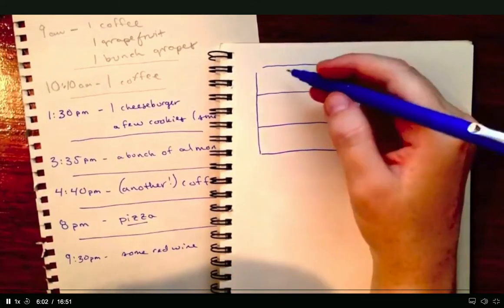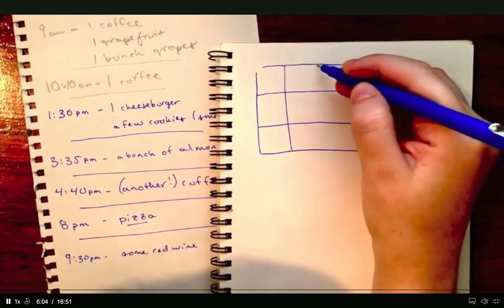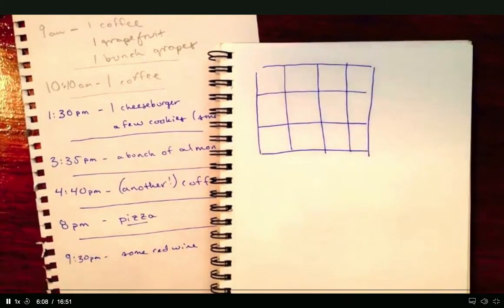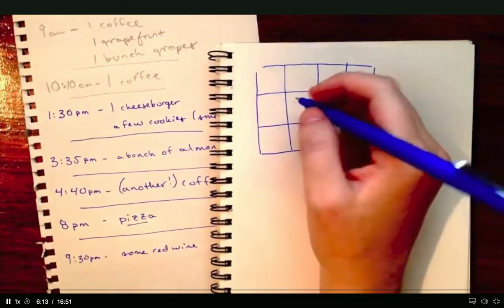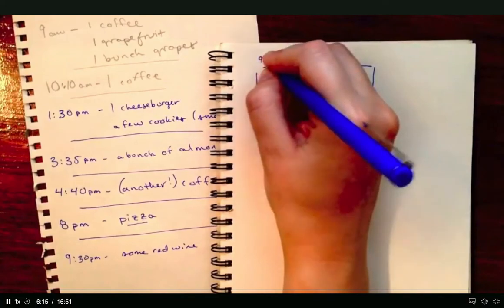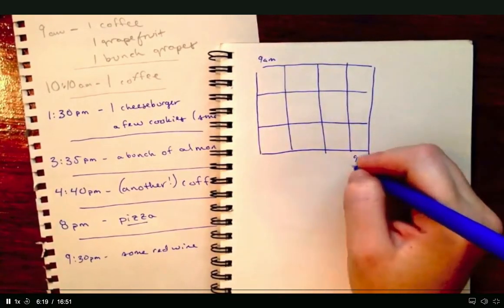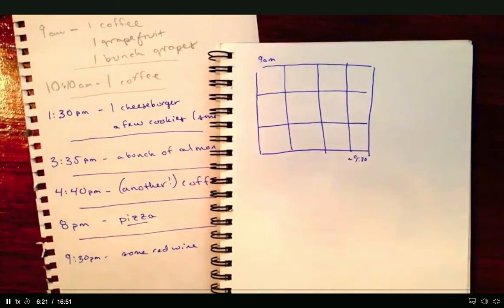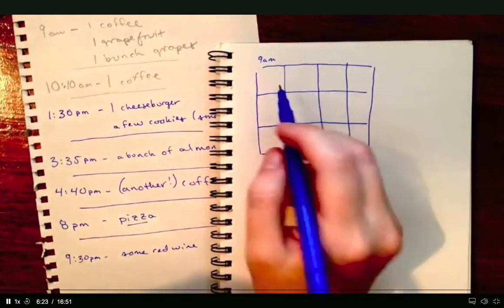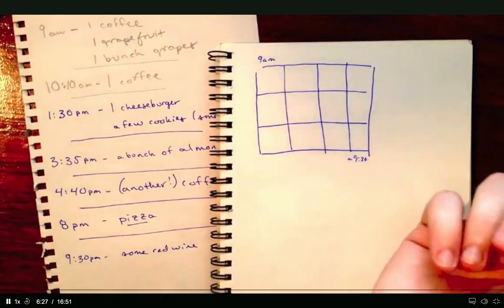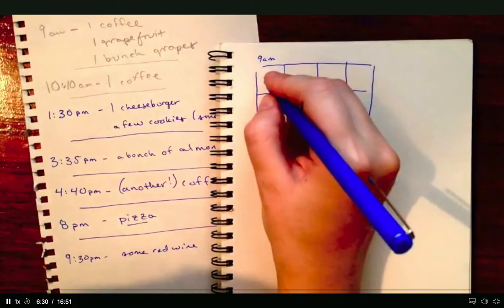So 3 times 4 is 12, so we need to have that. That is okay. That way I can do something like 9 a.m. is here, 9:30, approximately. And then I can do some sort of cool idea that way. That could be really interesting.